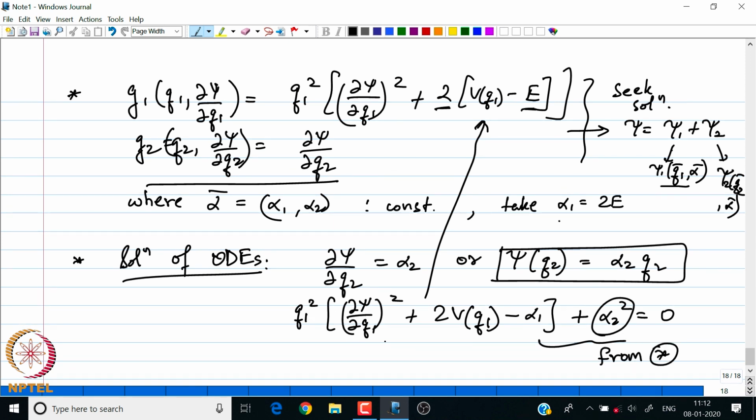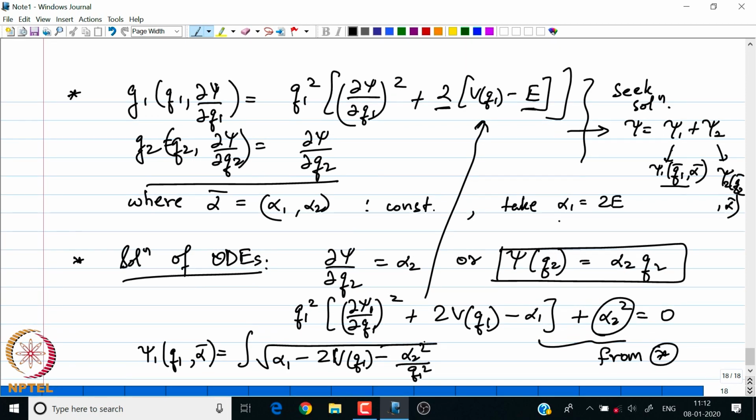So now I have to solve for psi 1. This is my equation for psi 1 as a function of alpha 1 and alpha 2. So I can directly write down the expression. psi 1 of q1 comma alpha bar comes out to be the integral of the square root of alpha 1 minus 2V of q1 minus alpha 2 square by q1 square, right.